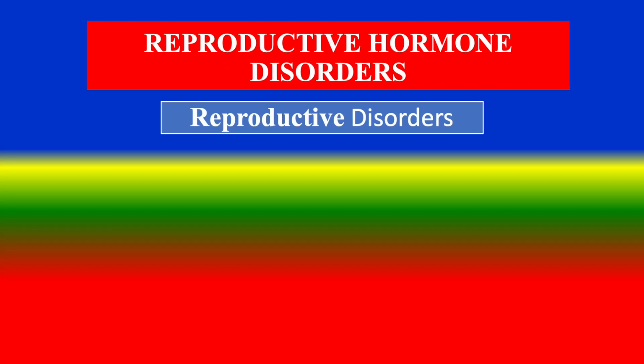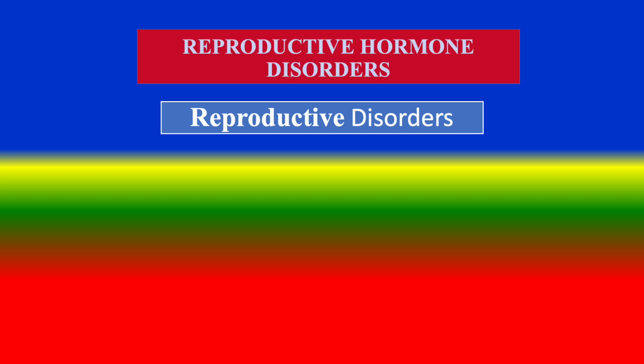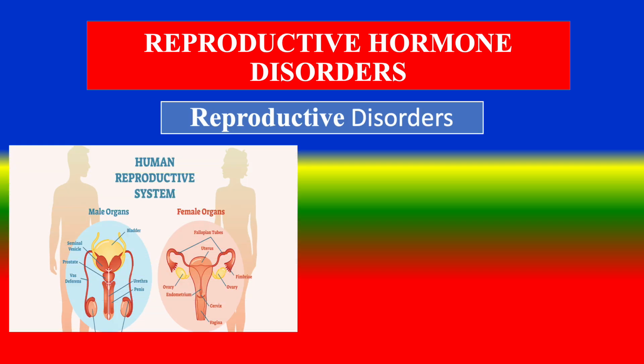Reproductive hormone disorders are a reproductive health issue. Look at this picture, which shows the human reproductive system, male and female.